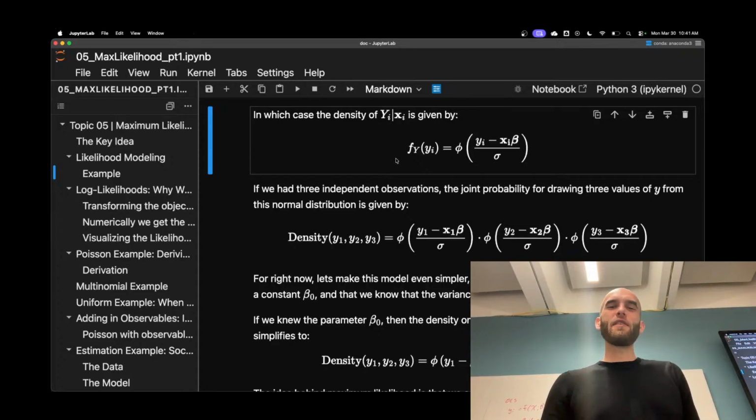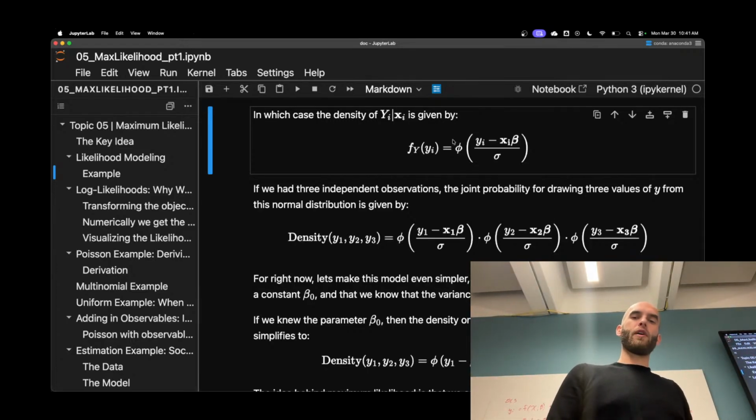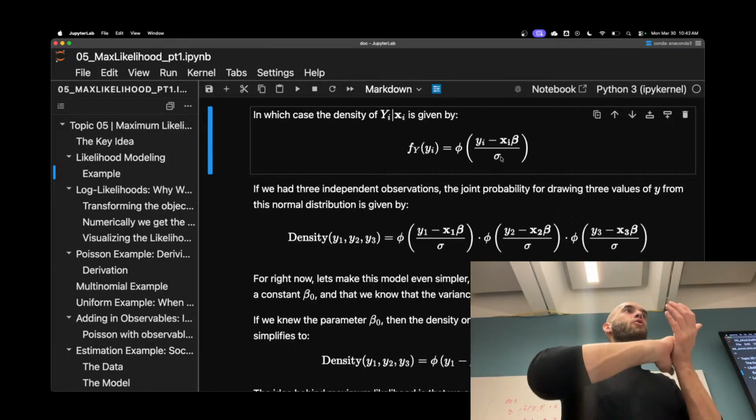So the density function, you'll remember, is the function for the density of the normal distribution. This is just notation. I got lazy and didn't want to write it all out. And then this is just the model. So this is yi minus xi times beta over sigma. So all I'm doing here is just normalizing this.